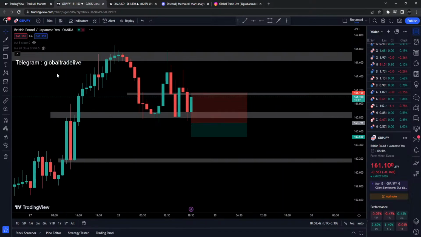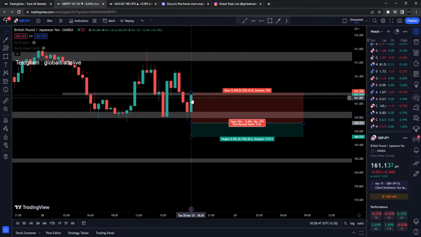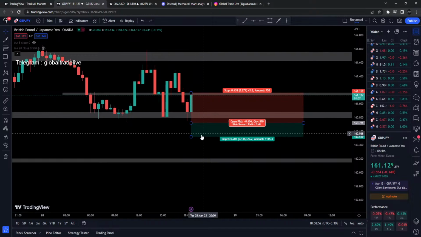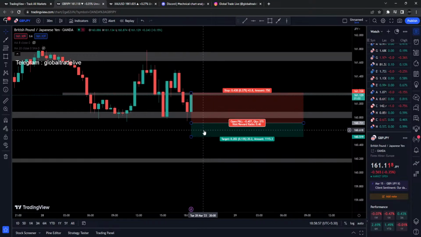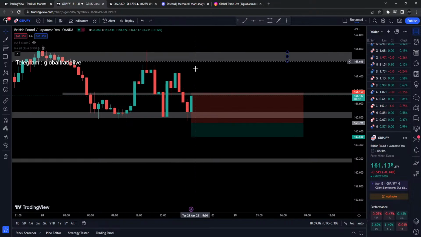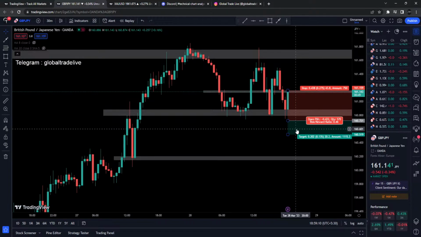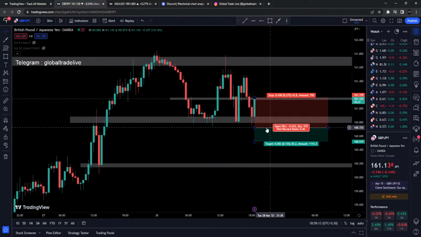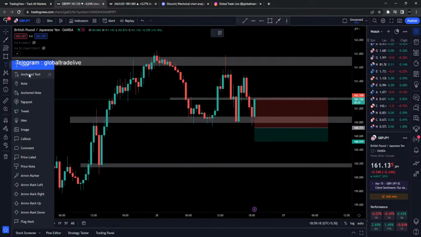One minute remaining for the 30-minute to close. If this candle closes back below this wick, then there is a chance of moving down. But if this candle closes like this, then going down will be a really tough task for GBPJPY. So again, I'm telling you, I'm not in any trade. I'm just gonna type it down over here.